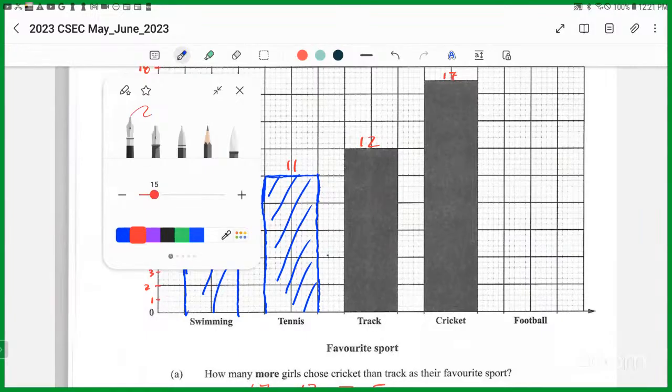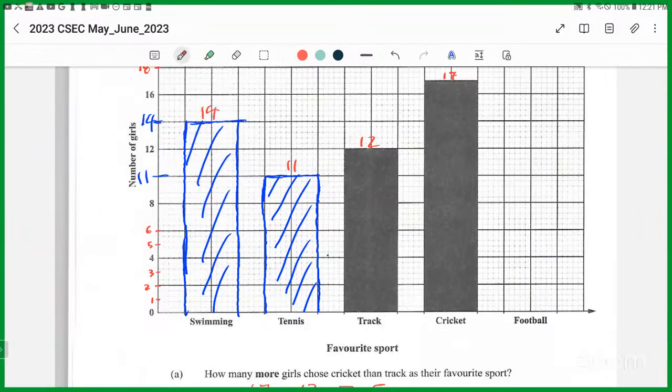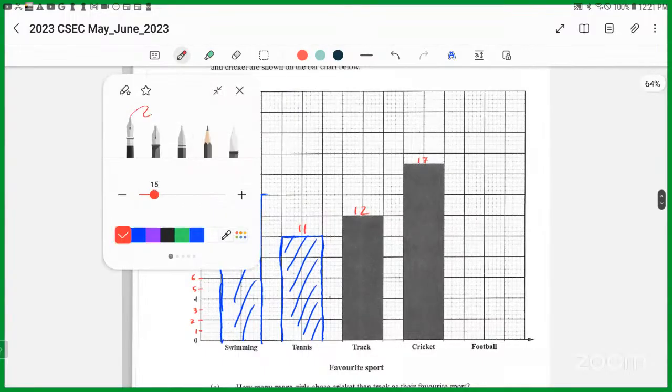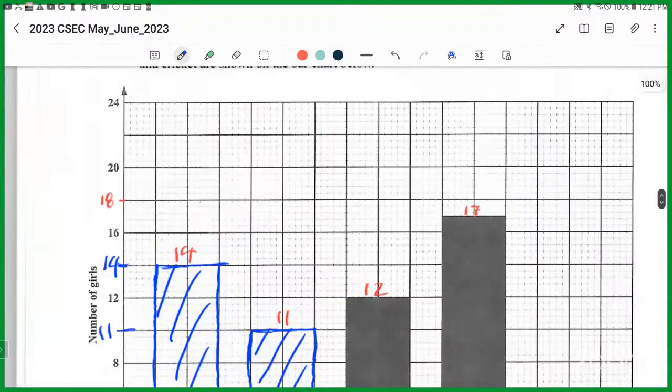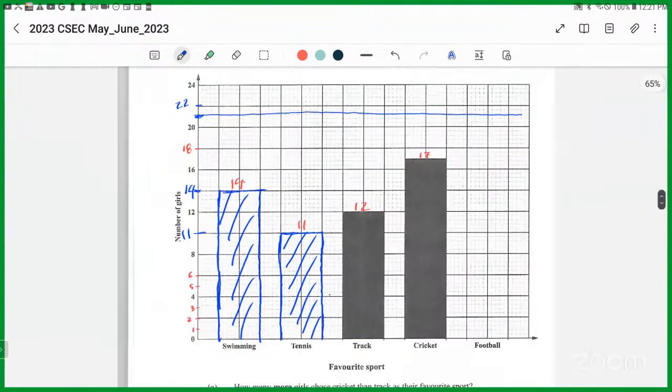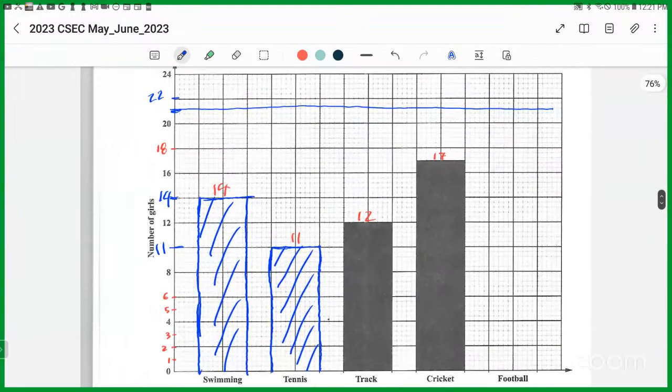Put 14 on top. And the football also came up to 21. Let's get it properly. This is 20, 24. Right here is 22. 21 is right in between here. So this bar, the football one, is coming up to the halfway mark, right up to here.